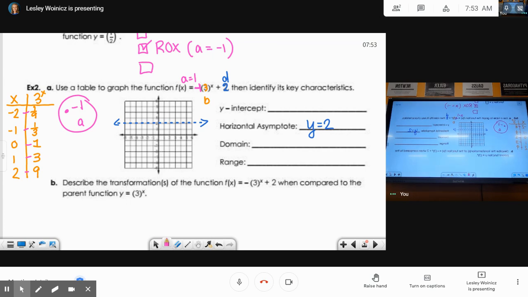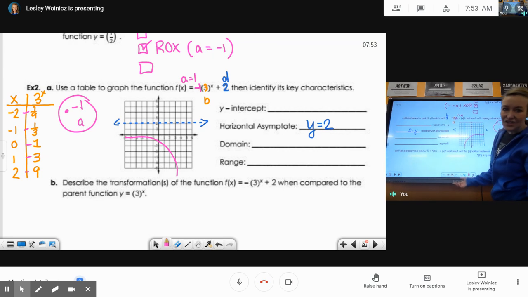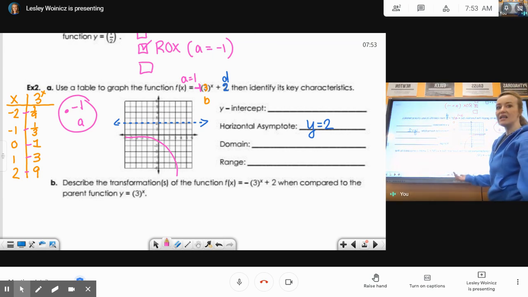Now, if I do that, what I'm going to get is this. But that's not shifted up 2 units. So I still have to shift it. So I am going to graph my little table that I made, not from the origin, but from my fake origin.